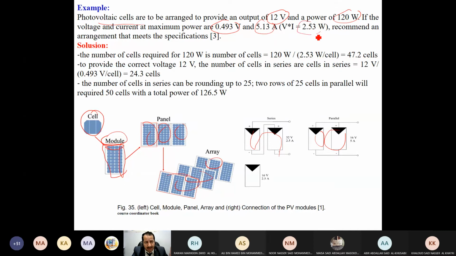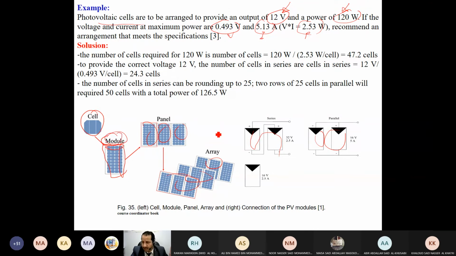If I multiply them, by the way, I get the maximum power. This is voltage, this is current, and this is power, for one cell. Recommend an arrangement that meets the specification. How can I connect these cells to come up with a 12 volt, 120 watt PV panel or module?